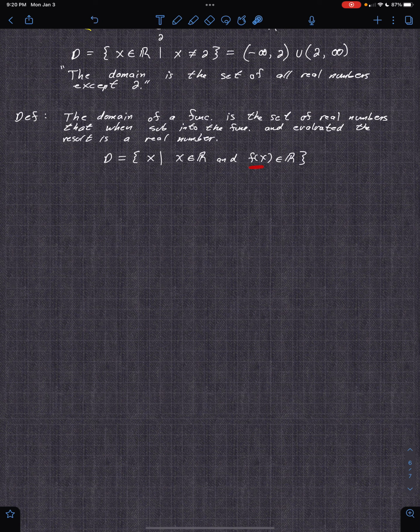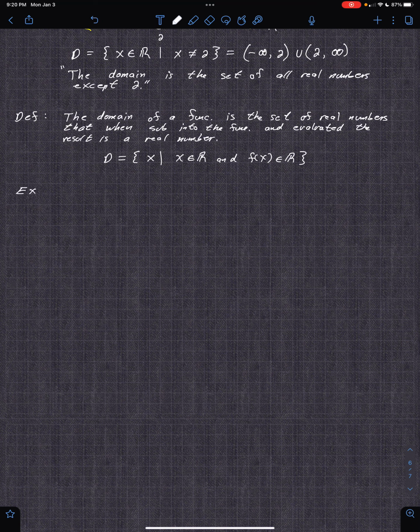Once you evaluate that, it must be a real number. It cannot be undefined and it cannot be imaginary. So if you're a little shaky on imaginary stuff, make sure you look that up in chapter 1. Or if this is general, just look it up online some more. So let's look at another example. We'll look at a couple.